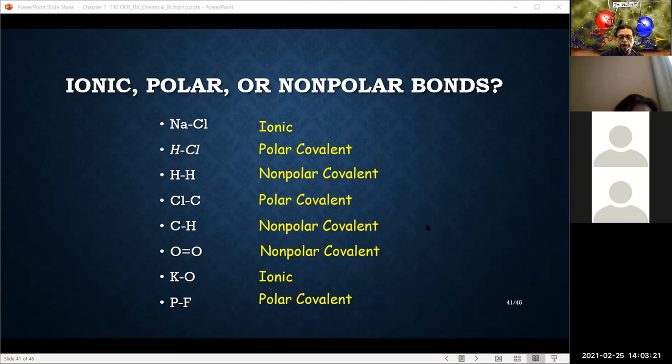of these here, the ones that are ionic, let me change the color. The sodium chloride, which is an ionic bond, and the potassium oxygen, which is also an ionic bond.